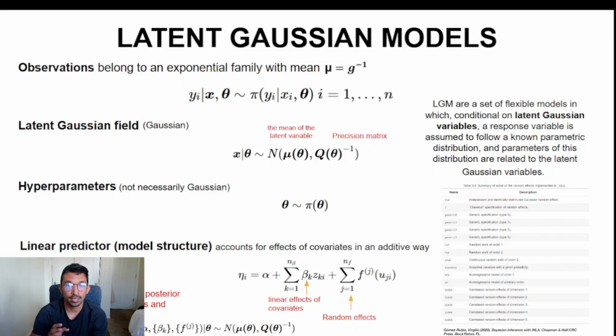As I mentioned before, INLA is working with latent Gaussian models. But what is a latent Gaussian model? We can assume that we have our data set, like temperature, soil moisture, or vegetation, right? In that case, I have a specific data set for temperature. This temperature is following an exponential distribution, but in your case, that can follow a different distribution, right? We know that the behavior of this temperature could be explained by my covariates plus something else that I have not measured yet, right?